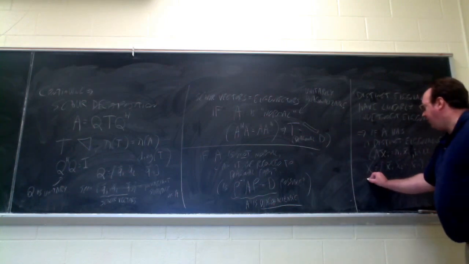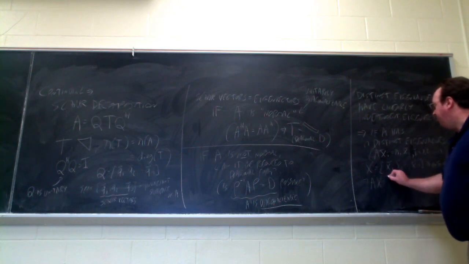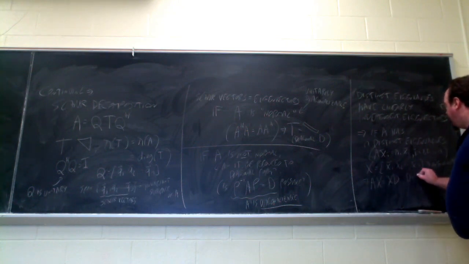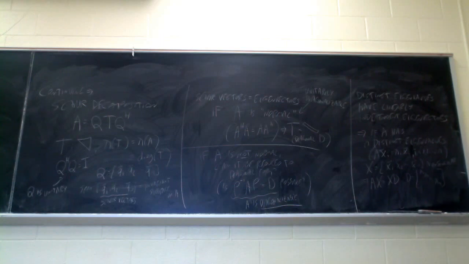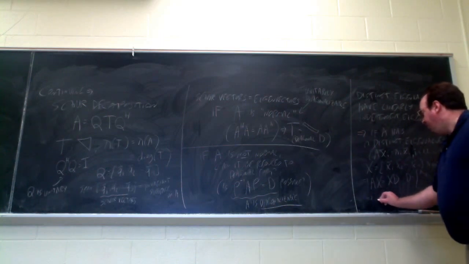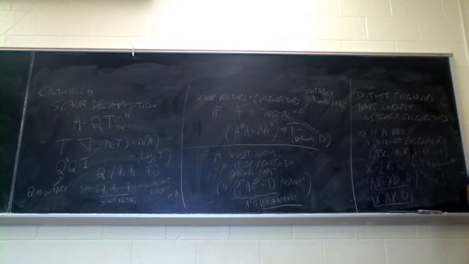So I can say that AX is equal to XD, where D is a diagonal matrix consisting of all of those eigenvalues on the diagonal. And I can multiply both sides on the left by X inverse and get a diagonal matrix. X inverse AX is equal to D. So in that case, A is diagonalizable.